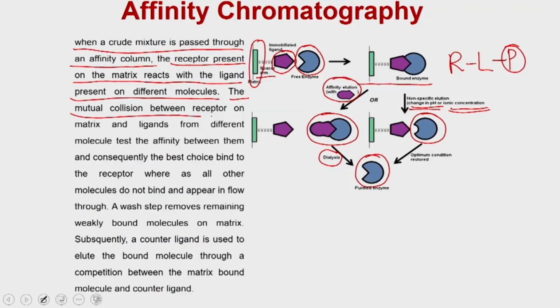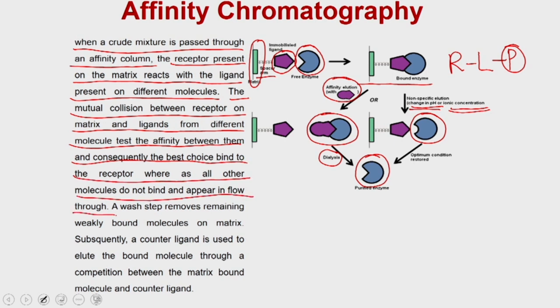So, the mutual collision between the receptor on the matrix and the ligand from the different molecules tests the affinity between them, and consequently the best choice binds to the receptor, whereas all other molecules do not bind and appear in the flow through. So, this is about the binding of your enzyme, because it is going to have a very high affinity for the immobilized ligands.